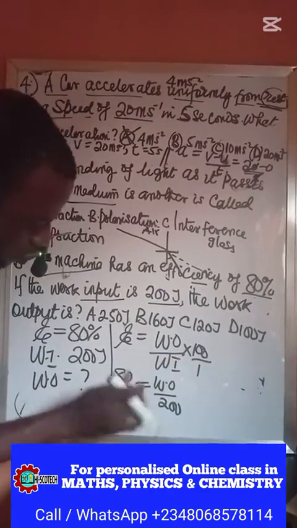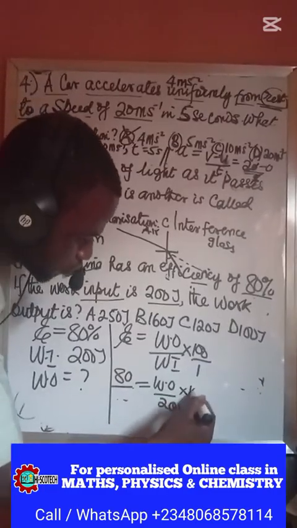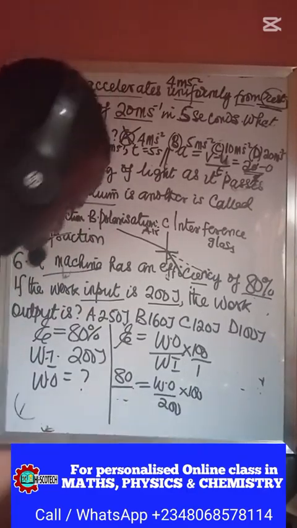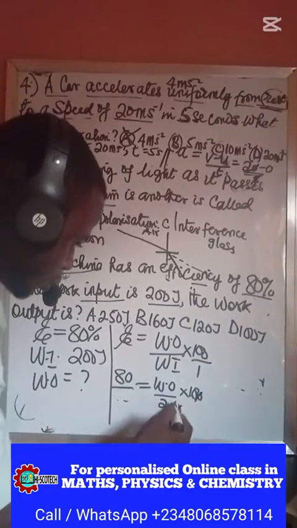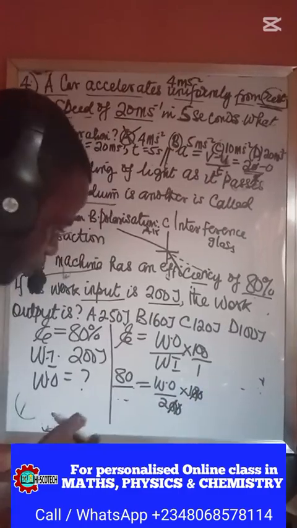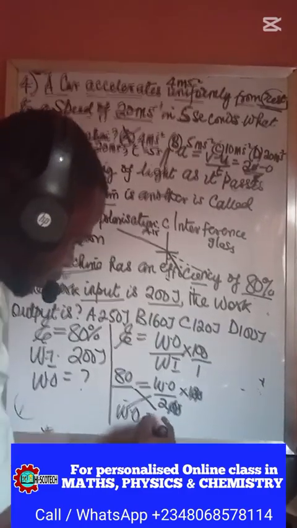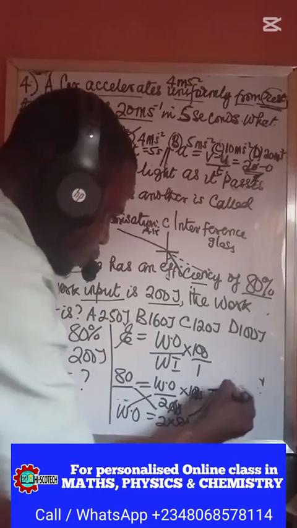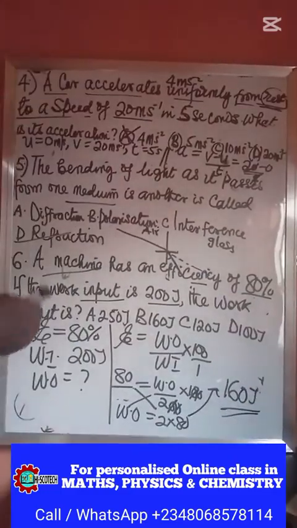So 0 cancels 0, 0 cancels 0. Multiplying, we have that work output is equal to 2 times 80, and of course, that will give us 160 joules.